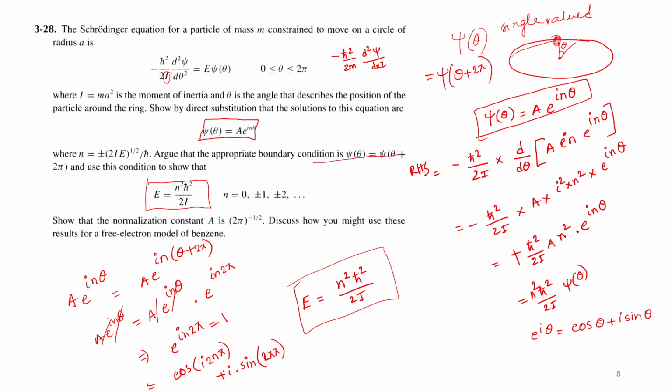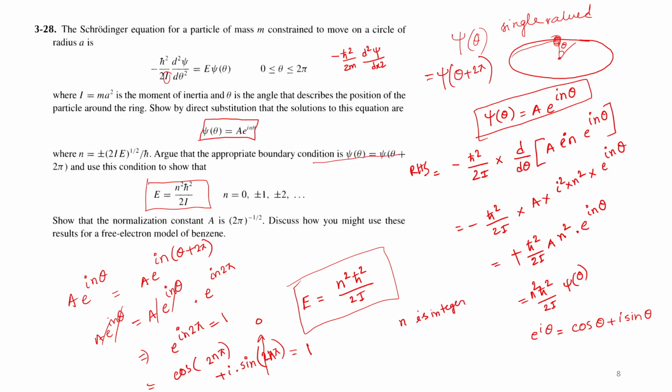I made one mistake there. So I hope you got that this is equal to 1. Now the sine part should be 0, because the i is there. If it is not 0, then this part will always be there. But you know your answer is 1, so there is no imaginary part. So this is going to be 0, which means n is an integer.